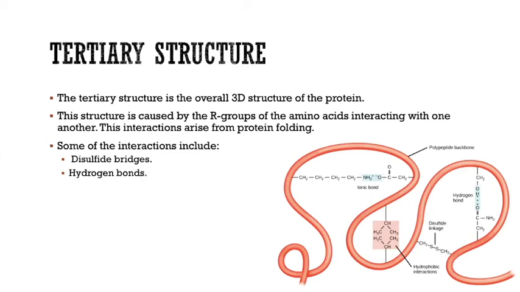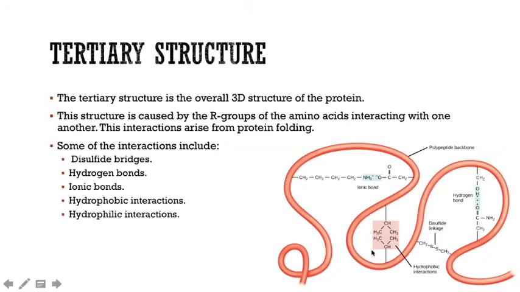Hydrogen bonds can form between different side chains. Ionic bonds, so you could have a positively charged and a negatively charged side chain interacting with each other. Hydrophobic interactions, so two hydrophobic side chains interacting with each other, or hydrophilic interactions, so two hydrophilic side chains interacting with each other. This gives the bigger shape of the protein.